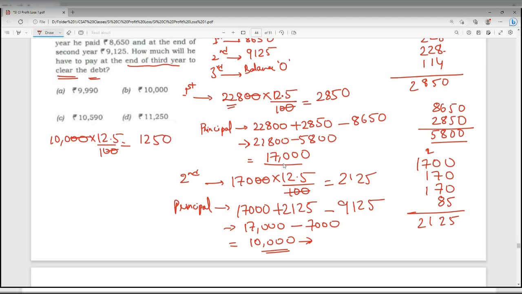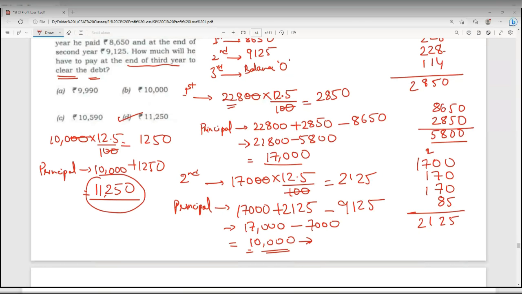The total outstanding is 10,000 plus 1,250, which is 11,250. So if he has to clear the debt completely, he has to pay this amount. The correct answer is option D.